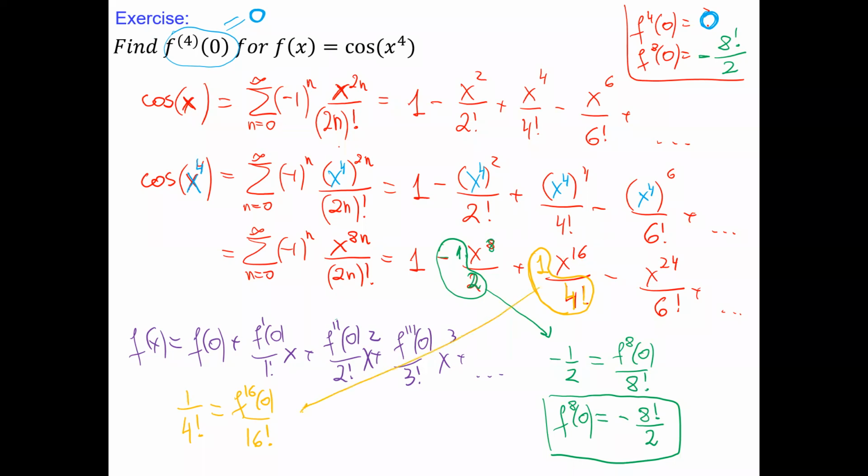If we cross multiply, we will have 16 factorial divided by 4 factorial, and we can leave it in that form. We don't have to use the calculator.